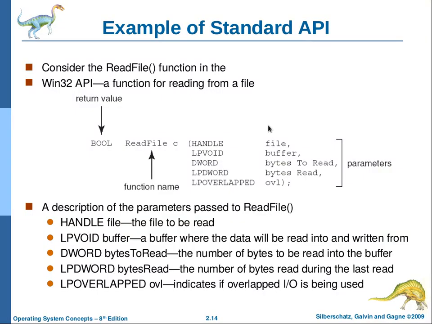What does the Windows one do? ReadFile. Yeah, you got a lot more to do. Bytes to read, bytes read, and then a Boolean if it worked. And overlapped, I don't remember what that one did. Oh, here we go. Indicates if overlapped I/O is being used. Oh, great. Okay. Hopefully you see those two are similar. Read file C, character?